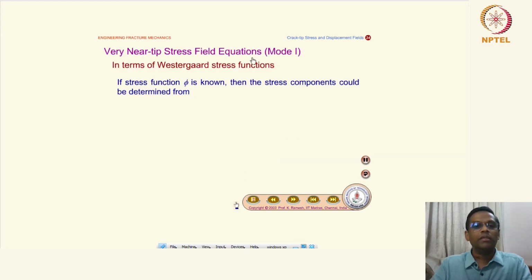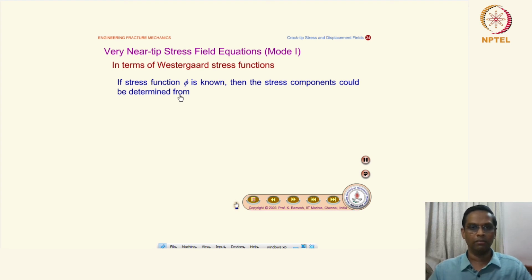So, the very near tip stress field equations for mode 1 in terms of Westergaard stress functions: if the stress function phi is known, then the stress components can be determined from it. What you have to remember is that we have to identify phi, which is given by the Airy stress function, and that could be different for different crack problems or different fracture mechanics problems.